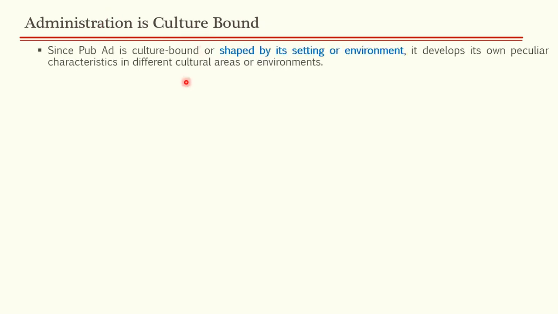What this means is, we'll see. Since public administration is culture bound or shaped by its setting or environment, whatever the setting or environment the administration is in, that environment shapes the administration. So public administration is culture bound or it is shaped by its setting or environment, and since this is so, it develops its own peculiar characteristics in different cultural areas or environments.